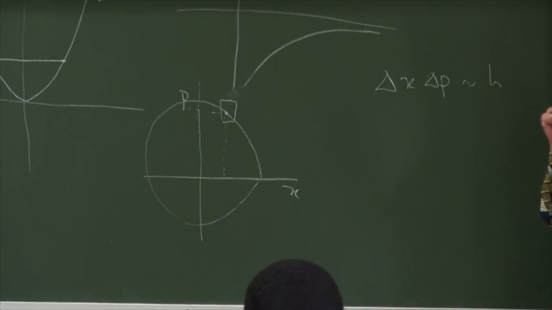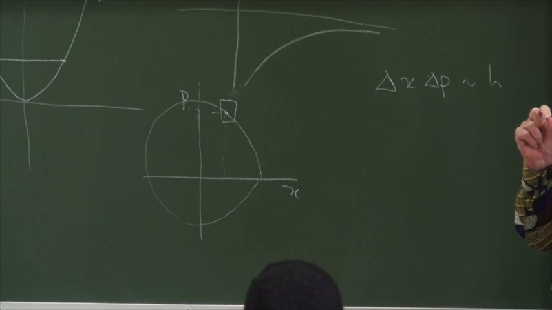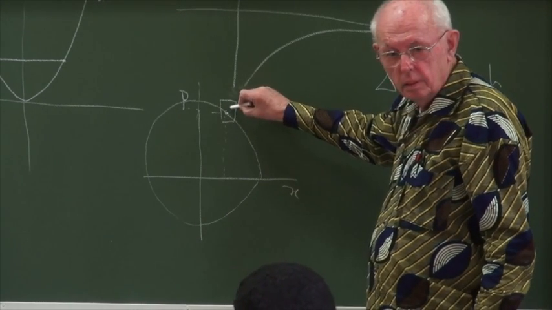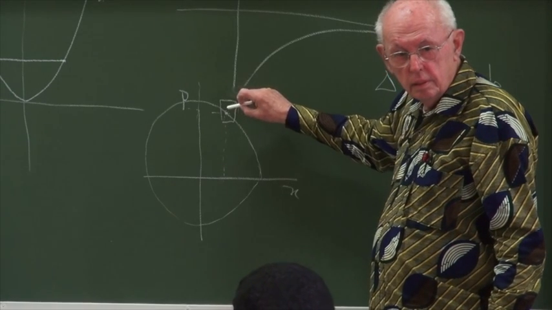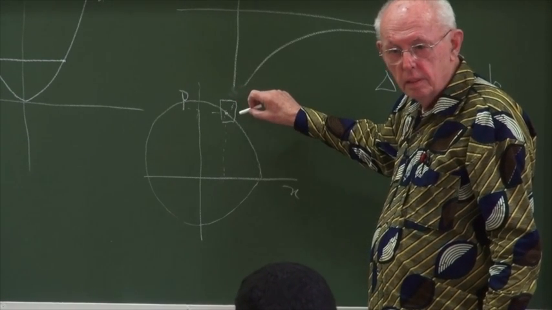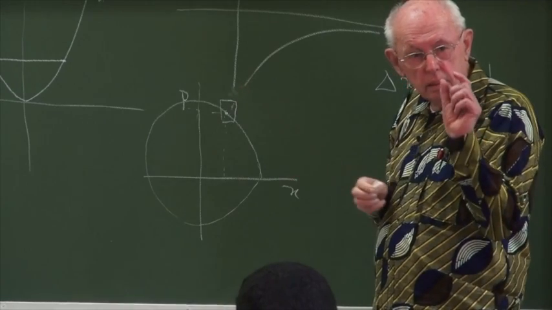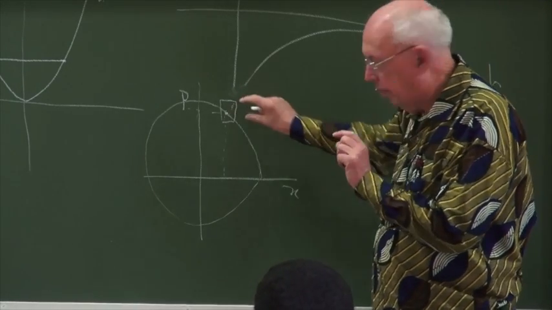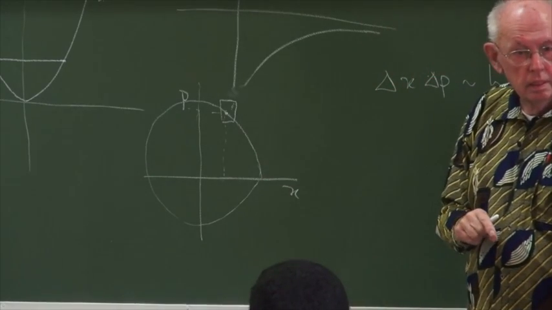And in that block, the size of this block is how much? H. Yeah, it's H. It's delta p times delta x. So the size of this block is H.